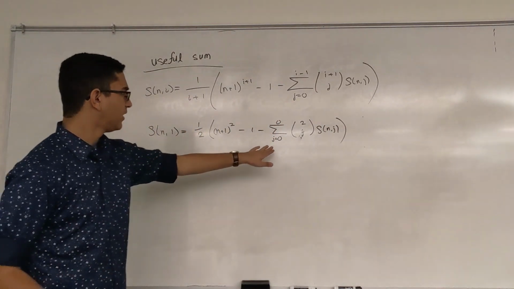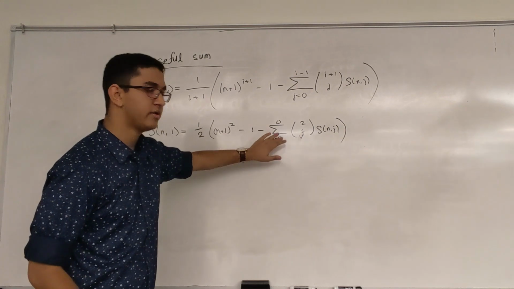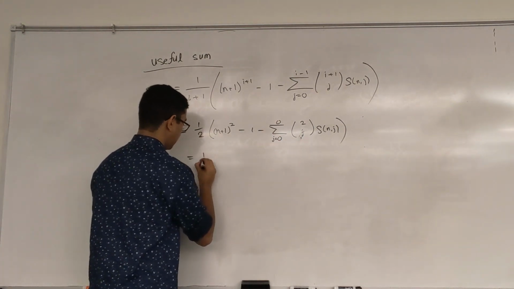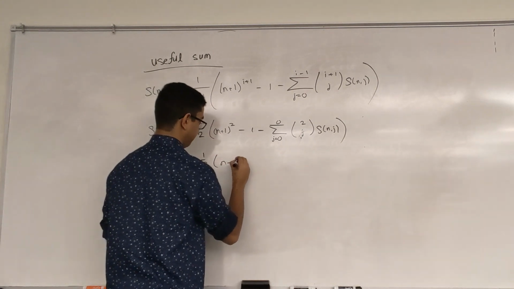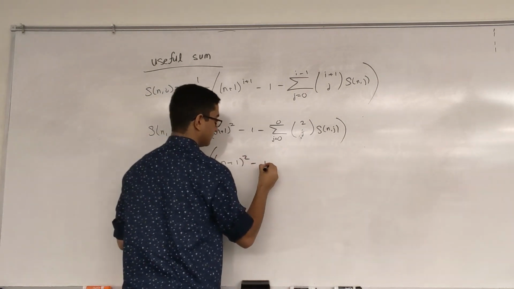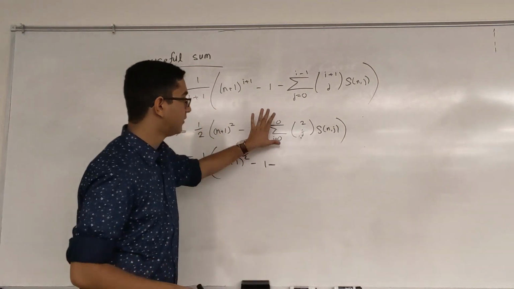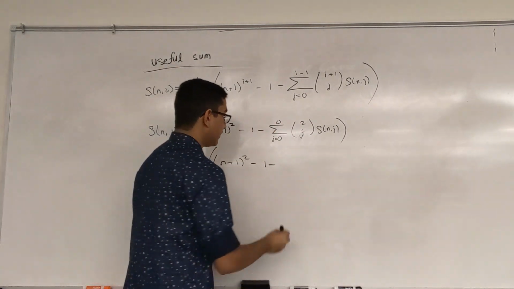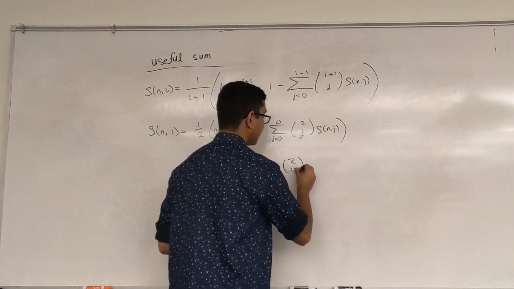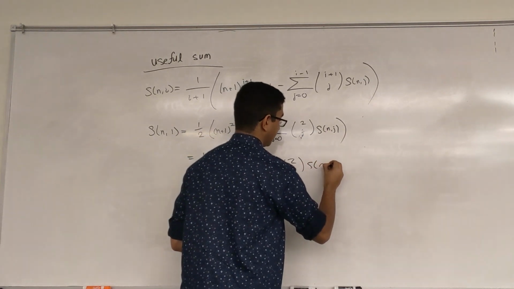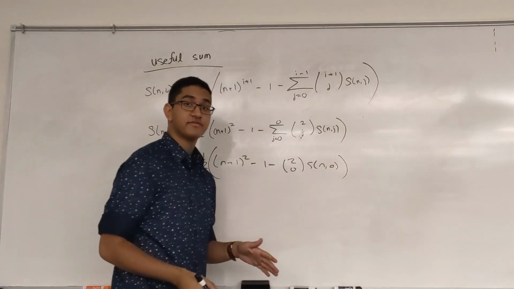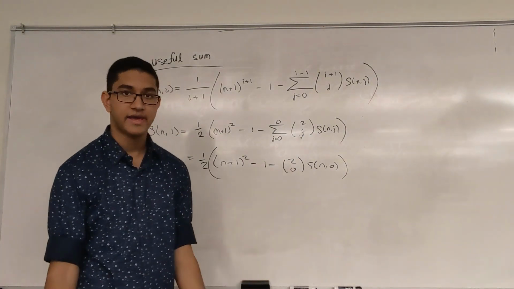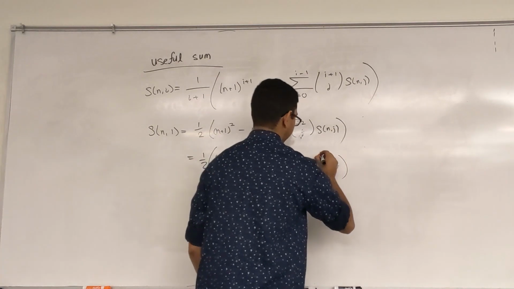And we can see that when we're summing from 0 to 0, this is only going to be j when j is 0. So there's only one element in the summation. So we can just do 2 choose 0, and then S of n comma 0. We can notice, first of all, that we've already defined this base case S of n comma 0, which is just n. So we can write this as n.